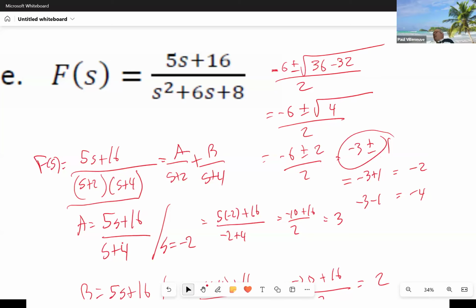I did the quadratic equation to know what the roots are so I could factor out the denominator. So I did that no matter what. In either case, whether I do partial fraction or not, I've got to figure out what the roots are. Since this is a second order system, I can use the quadratic equation. Because you also get plus two, and then S+4 can factor in.